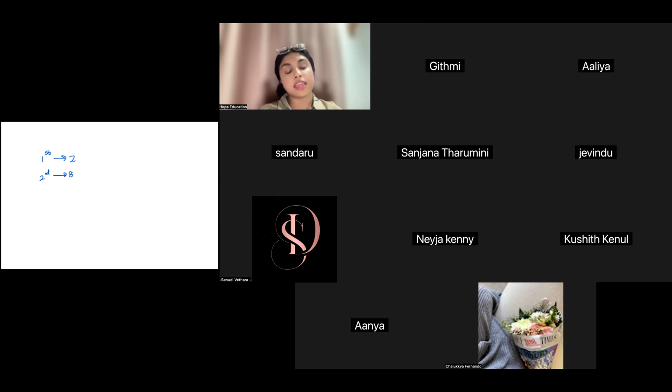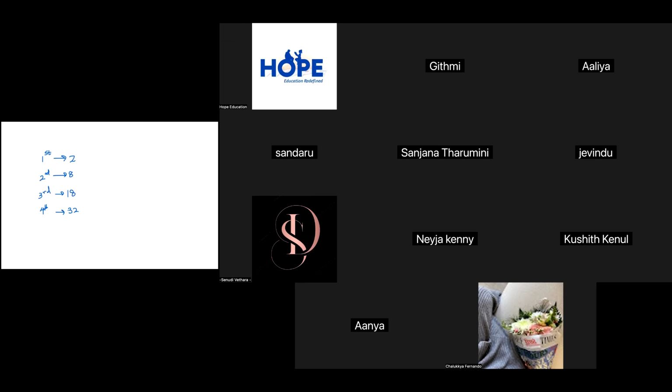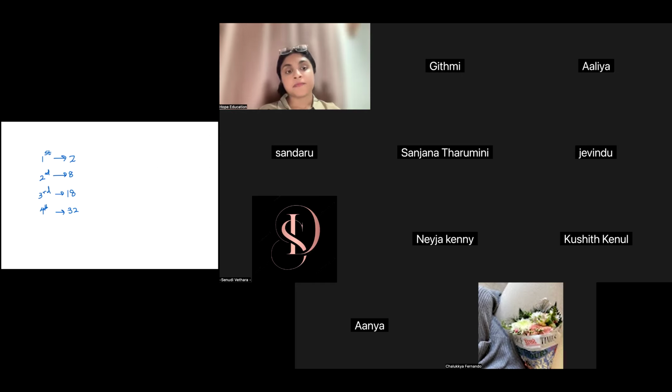Third energy level, there can be a maximum of 18 electrons. And fourth energy level, there is a maximum of 32 electrons. Okay. 2, 8, 18, 32. This is what Niels Bohr said.